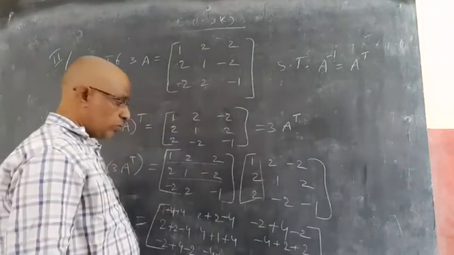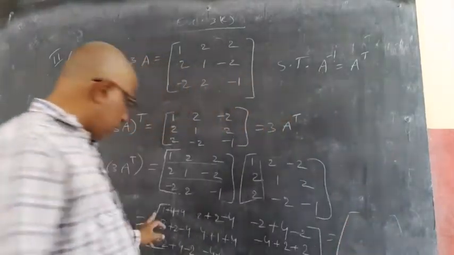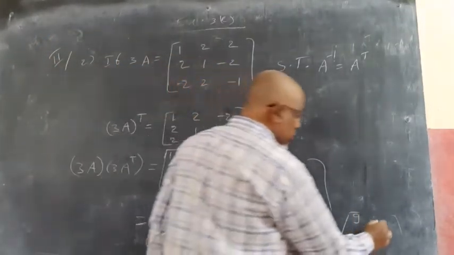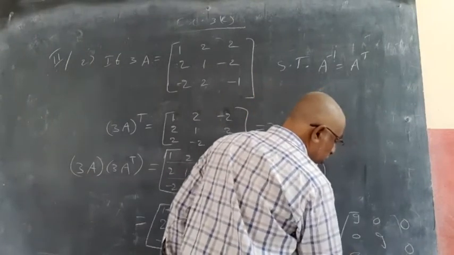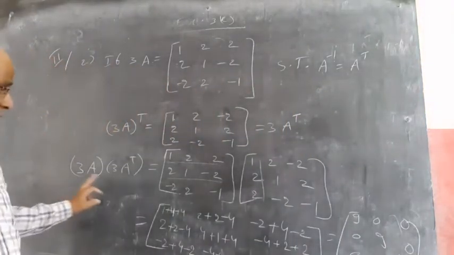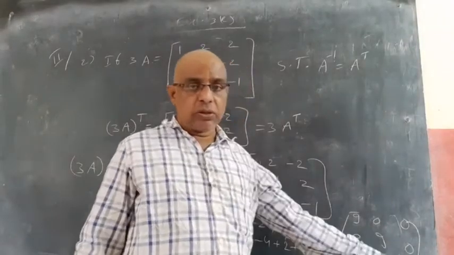So finally what we got is 1 plus 4 plus 4, 9, and the other entries 0. So we got 3A into 3A transpose equal to [9 0 0; 0 9 0; 0 0 9].